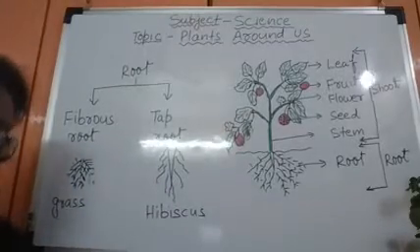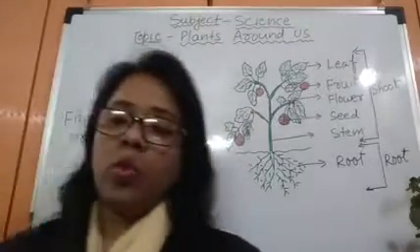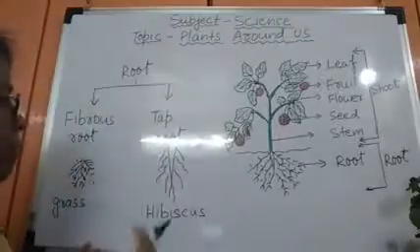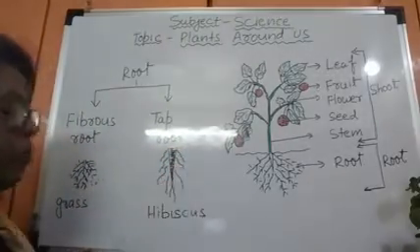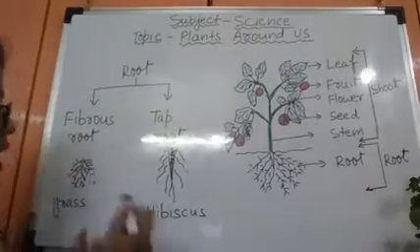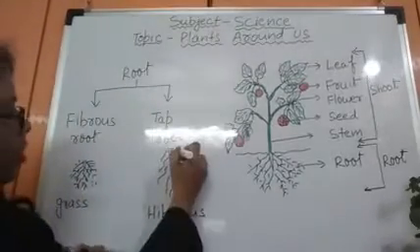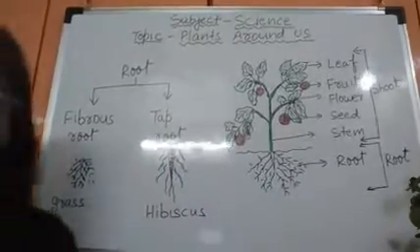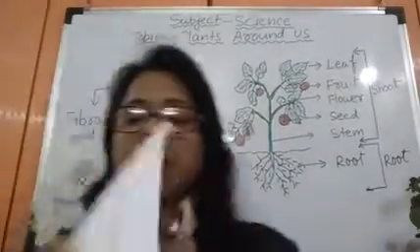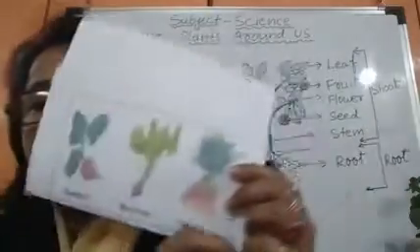Now second is tap root. Tap root has one main part. This is the main part of tap root, and then many small fiber-like structures are also there. So this is tap root. You can just see here. Just see carrot.